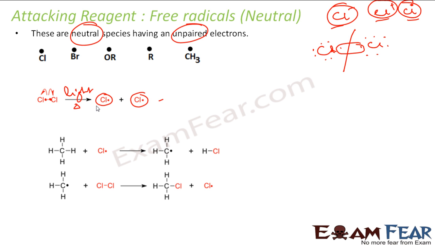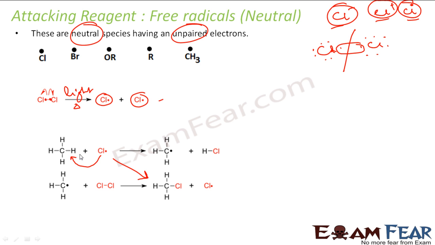If you see the reaction here, I have methane, and the chlorine radical replaces a hydrogen and you get HCl. We'll talk about this reaction. Just focus on this step, because this is the intermediate step and this is the final product.